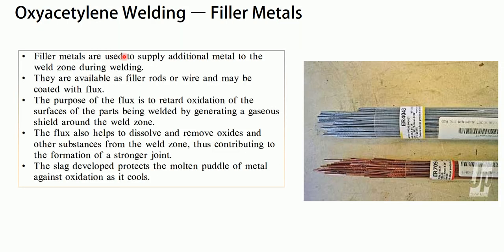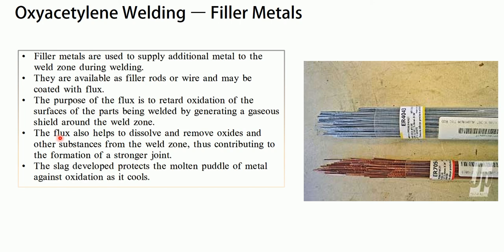Now let us see the filler metals used in oxyacetylene welding. Filler metals are used to supply additional metal to the weld zone during welding. They are available as filler rods or wire and may be coated with flux. The purpose of flux is to retard oxidation of the surface of the part being welded by generating a gaseous shield around the weld zone.